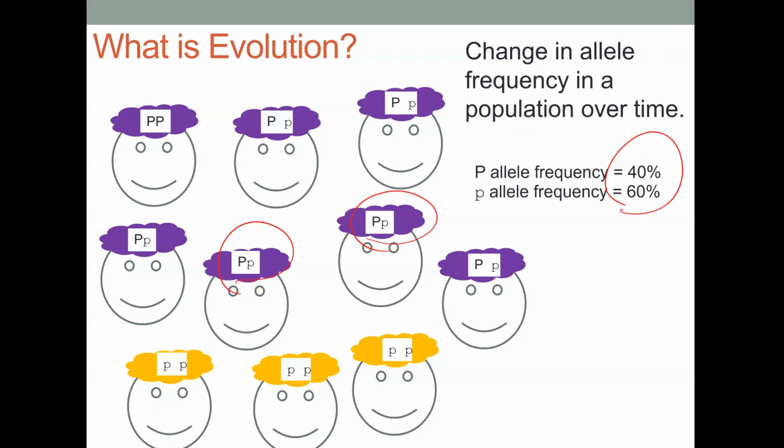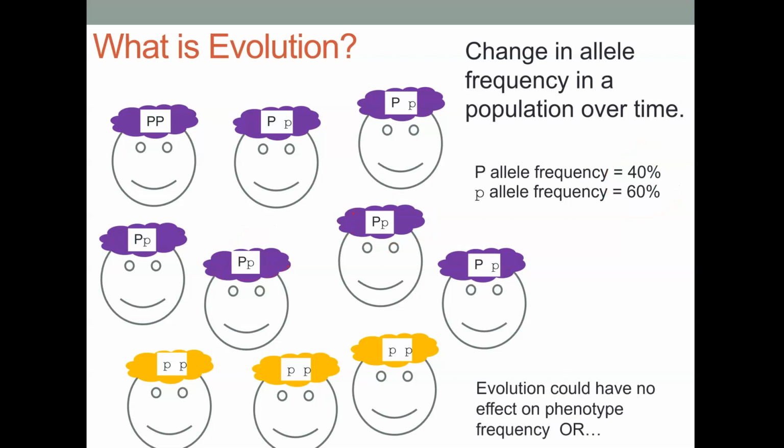We changed that allele distribution to 40-60, but notice that the phenotype frequency didn't change. There's still 7 people with purple hair and 3 people with yellow hair. So the only change here was in allele frequency, but that's still change over time.